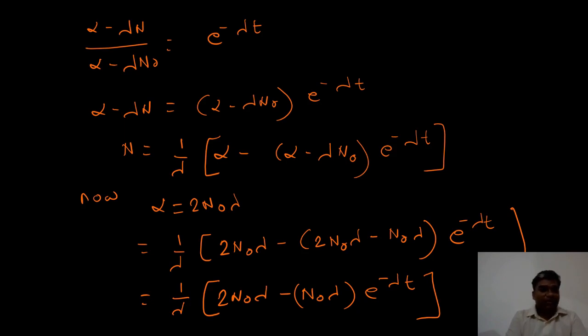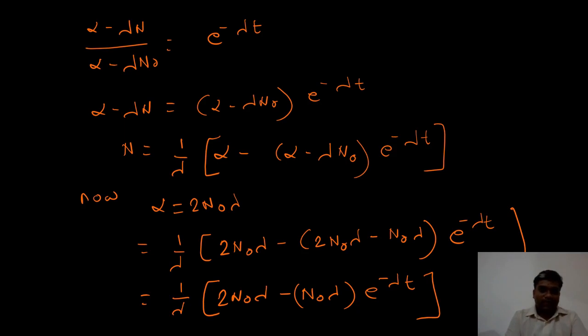So alpha minus lambda N is equal to (alpha minus lambda N naught) e raised to minus lambda t. Again, we can subtract this equation from alpha, and multiplying by 1/lambda, we get the N present at the time t.